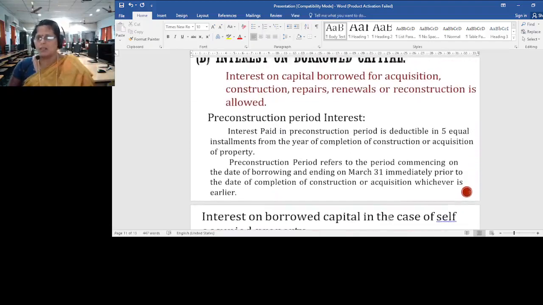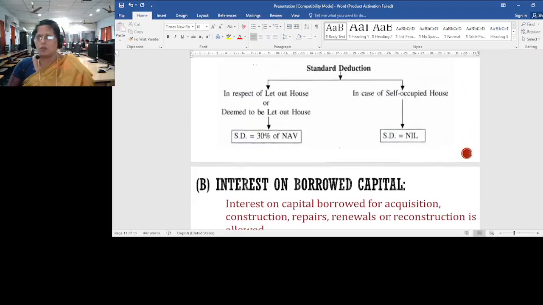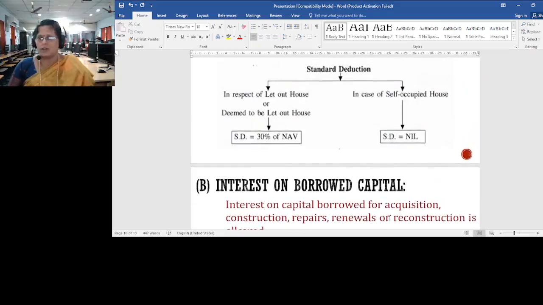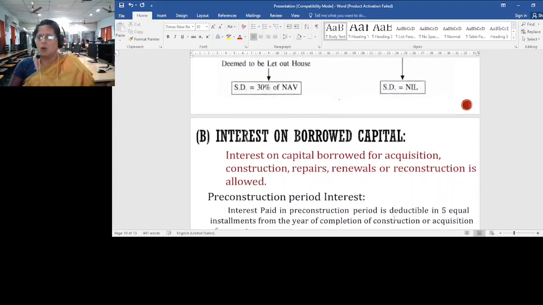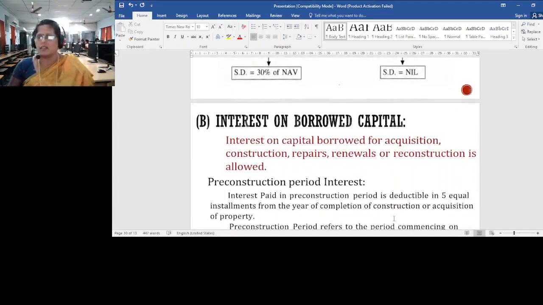So, I repeat once again. When we talk about the calculation, after net annual value, there are two deductions. One is standard deduction, another one is interest on borrowed capital. As far as self-occupied is concerned, standard deduction will be nil, and for let-out property, standard deduction will be claimed at 30% from net annual value.